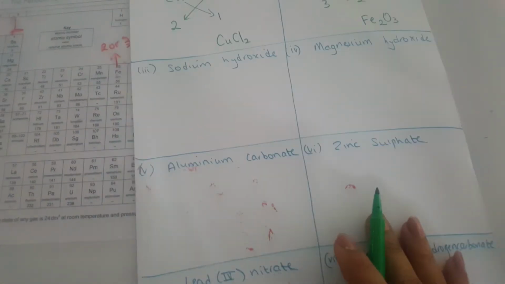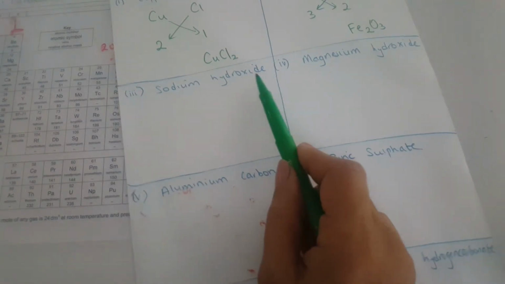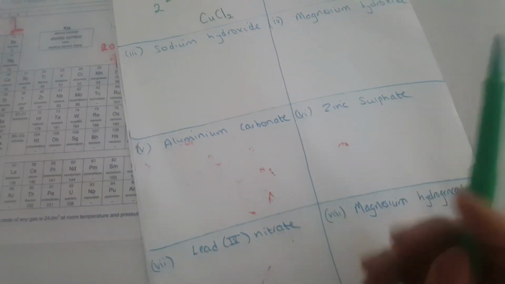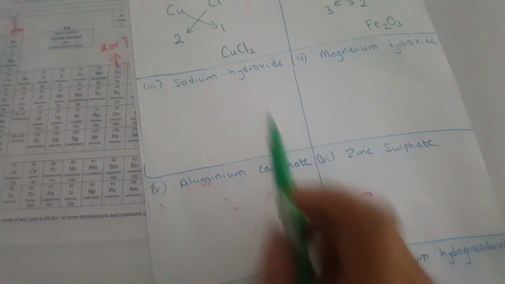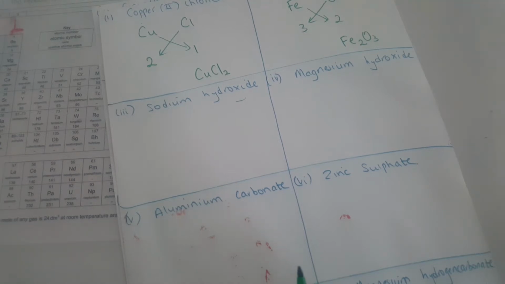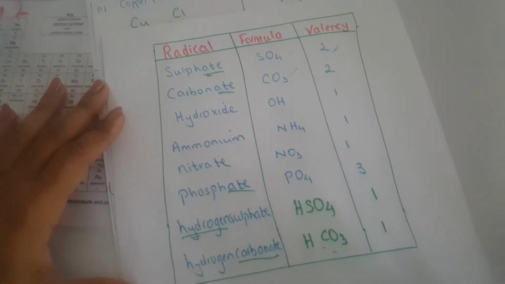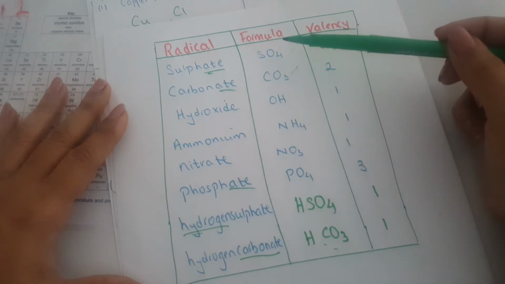Okay, now we come to something like hydroxide, sulfate, carbonate. Now these ones, you don't really get in your periodic table because they are groups of atoms. So to be able to do this, you should know about these. They are called radicals because they are groups of atoms.